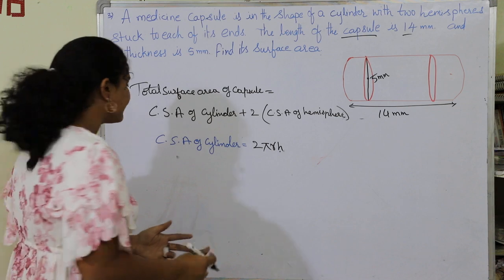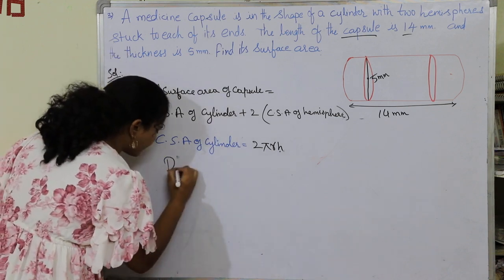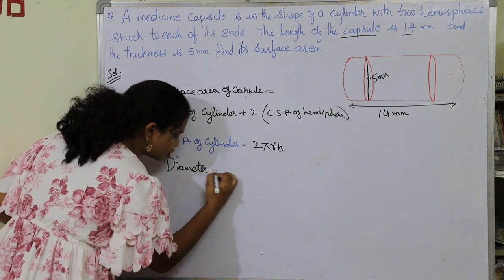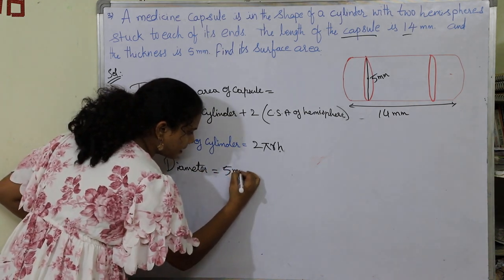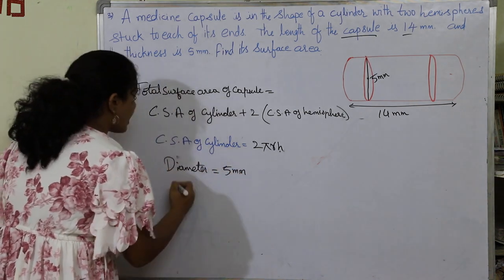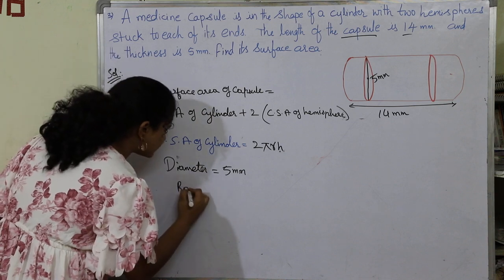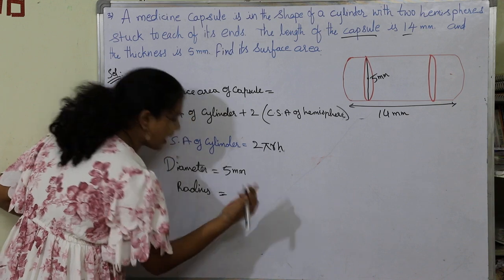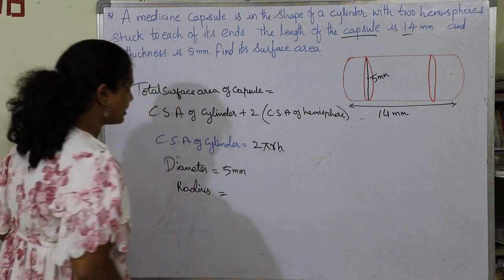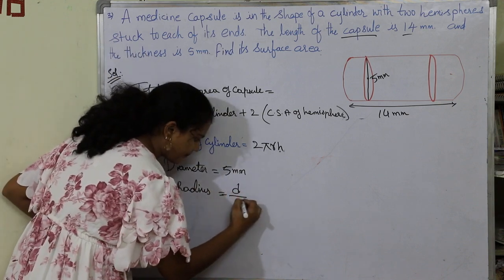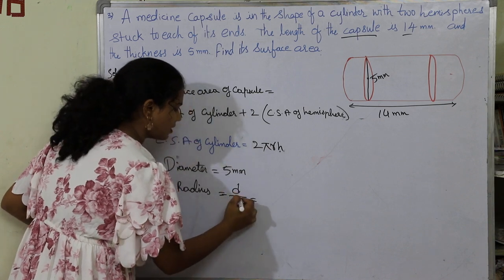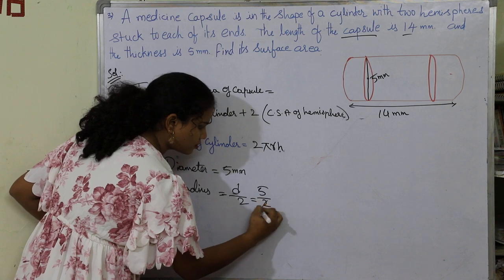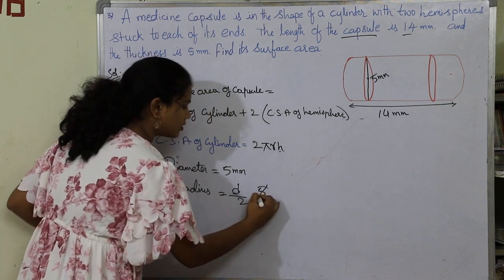To find the radius, let us first write down the given data where diameter equals 5 millimeters. As we know, radius equals d by 2, diameter by 2. So d by 2, diameter is 5, so 5 by 2. 2 times 1, 2, 2 times 2, 4.